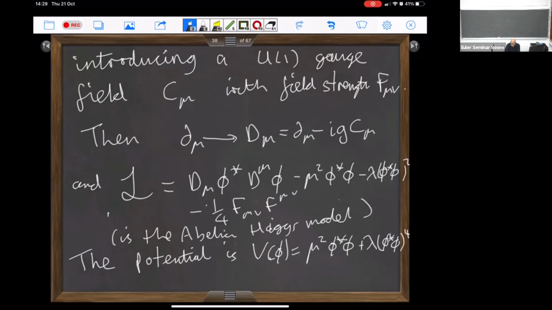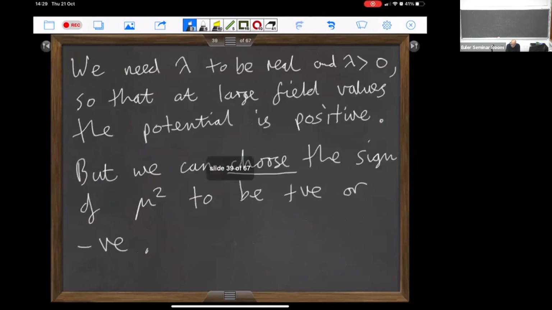Now, this symmetry breaking story is all about this potential here. So we're going to study the potential energy of this complex scalar field phi. First of all, we can say a few things about the potential.